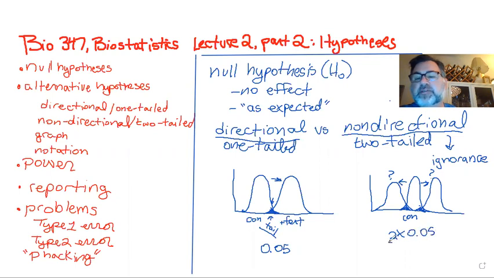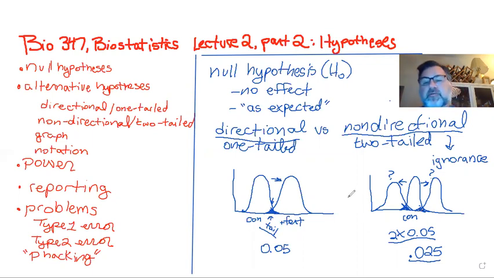So we basically doubled our chances of making the error of rejecting the null. So usually what we do in a two-tailed test, we say we're going to use a p for significance of 0.025, right? So what that means is we're going to use a smaller area here and a smaller area over here, okay? And together that's 0.05, okay?